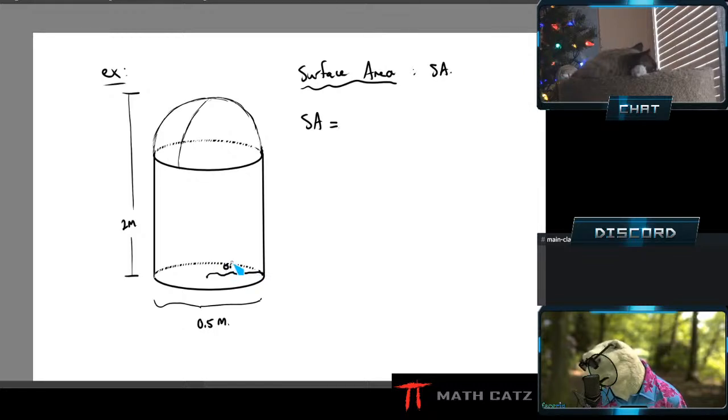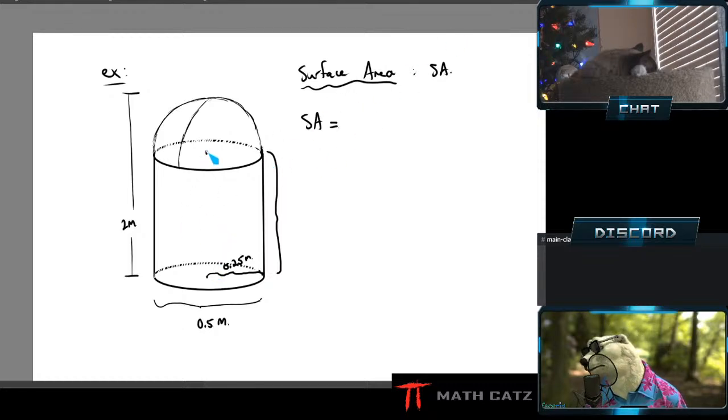I need to know the radius, of course, 0.25 like before. And I would also need to know the height of just this cylindrical part. Well, same as before, right? I picked the same numbers.